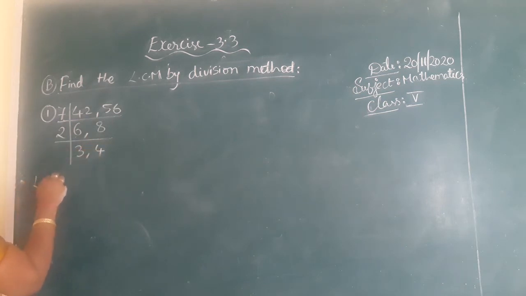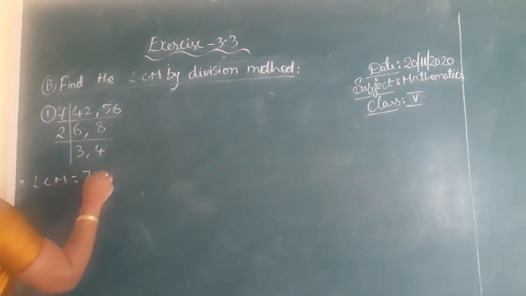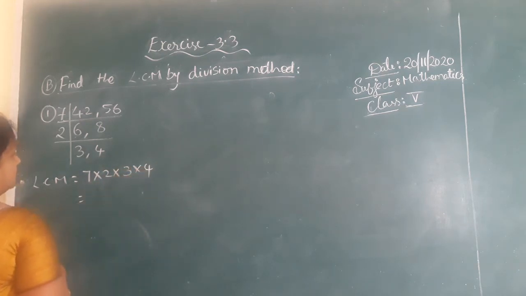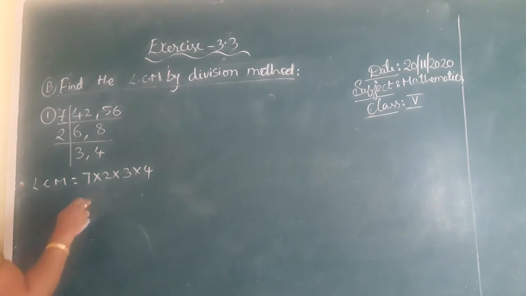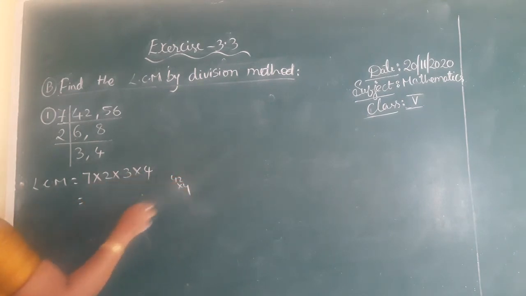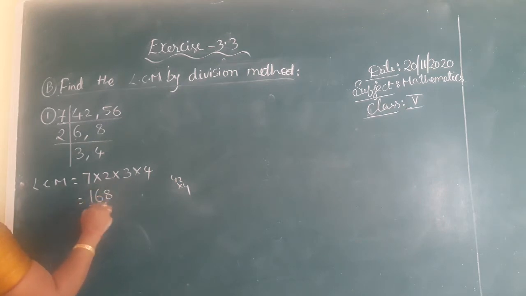So LCM equal to 7 into 2 into 3 into 4. 7 6s are 42, 42 into 4. 168 is the LCM.